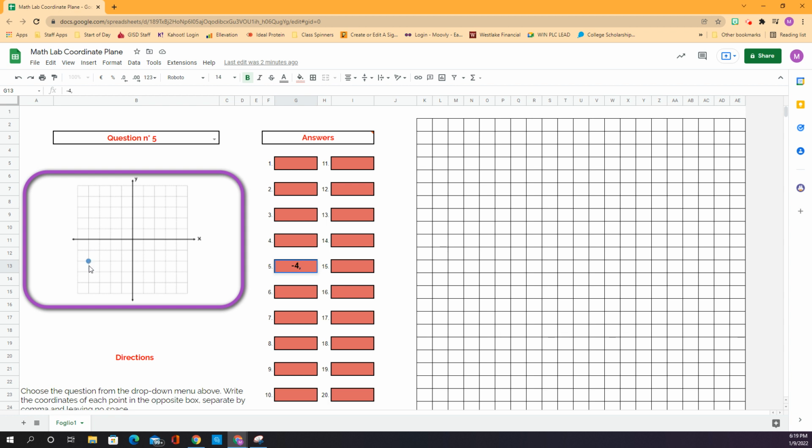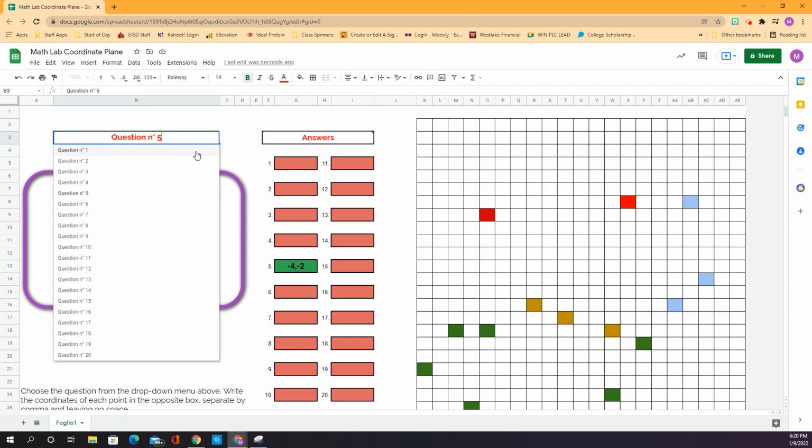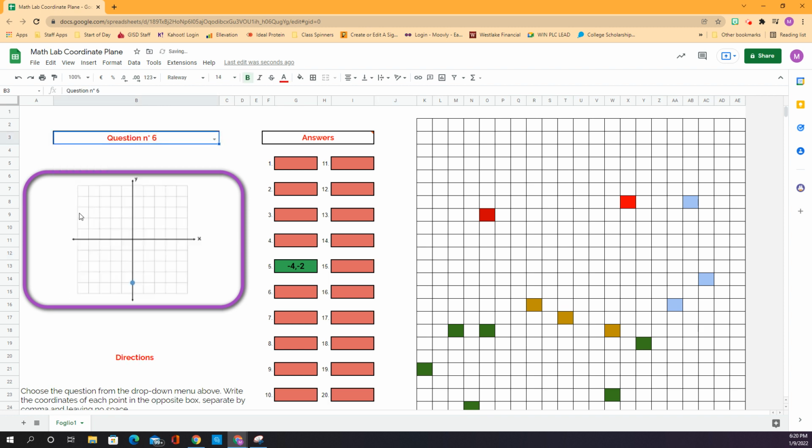So we're going to go 1, 2 down, and when we go down, that's negative. So that's going to be -2. I'm typing -2 here in this box, and I'm correct. I got a green box here and it filled in some of the colors. So that is correct. So just remember, you're either going to go left or right first, and then you'll go up or down second.